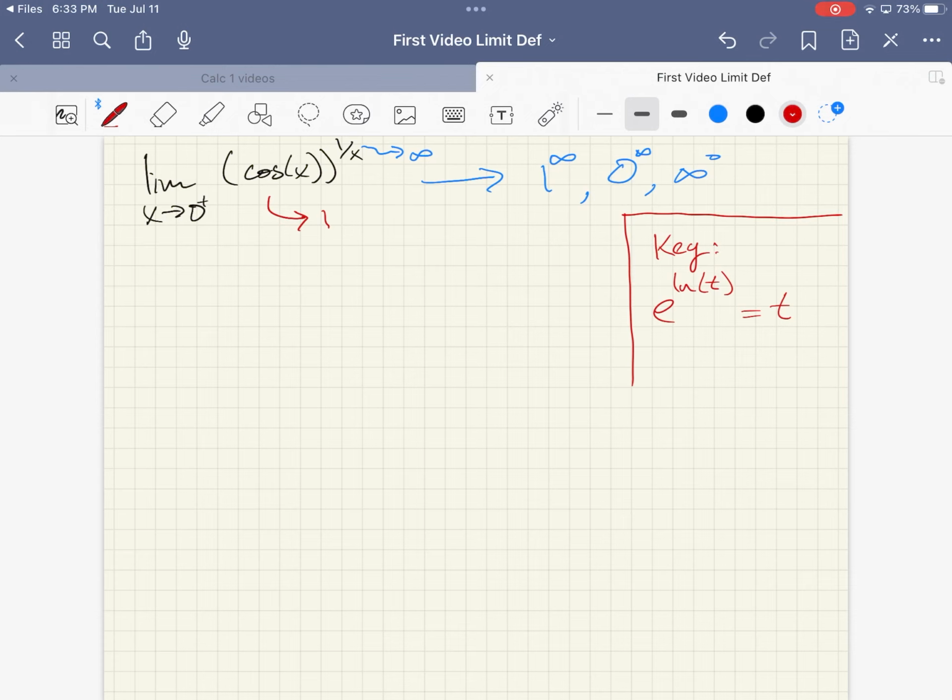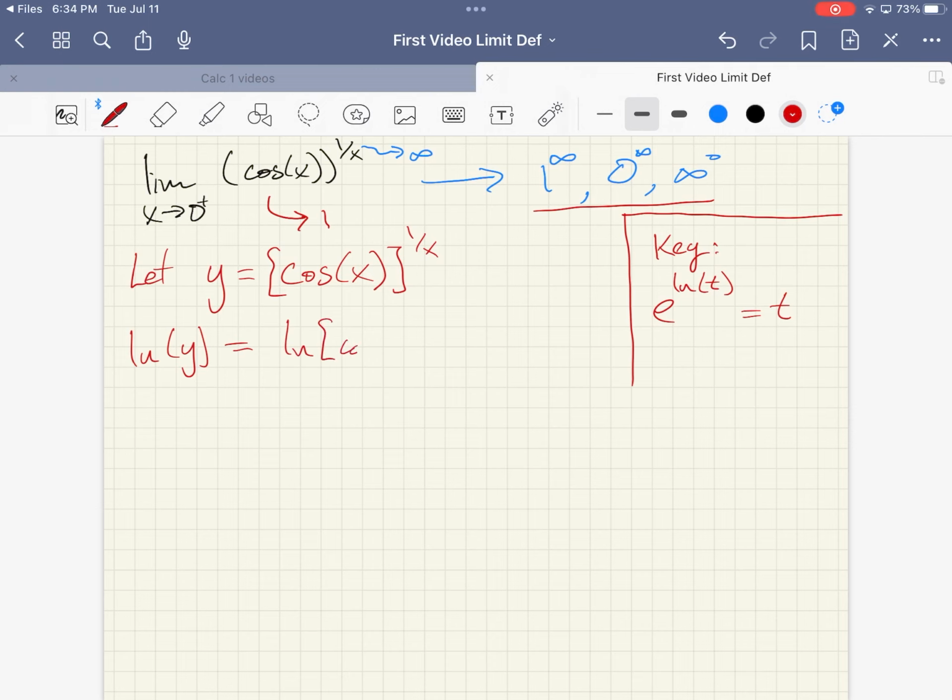Okay, so what we're going to do when we have one of these three forms is we're going to say y equals the function that we're interested in. So that would be this function. And then we're going to take the natural log of both sides. So I'm going to get the natural log of y equal to the natural log of cosine of x raised to the 1 over x.